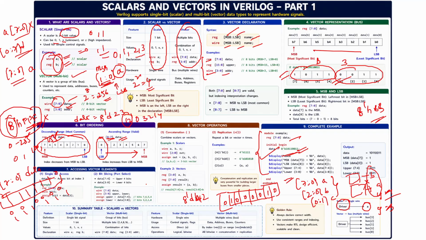This is the summary of scalar and vectors. Scalar is a single bit, and a vector is a group of bits. Scalar size is 1 bit, while a vector starts from 2 and goes to infinity. Values that can be stored are 0, 1, x, z.